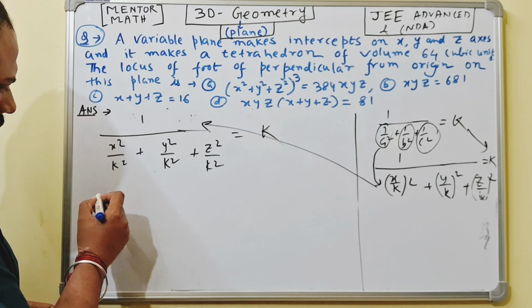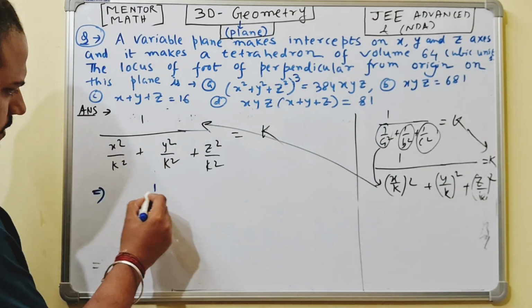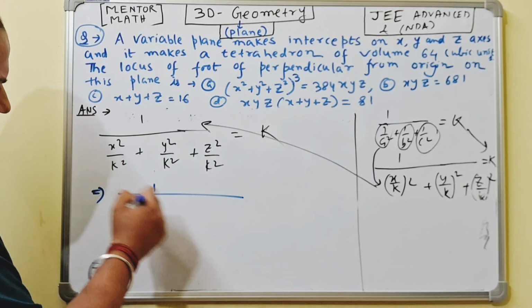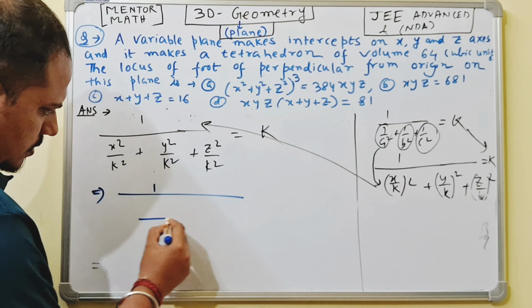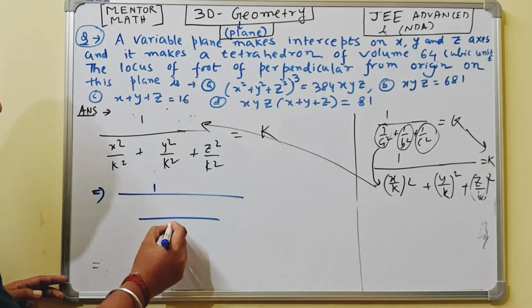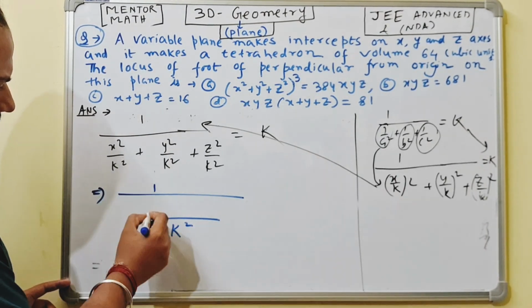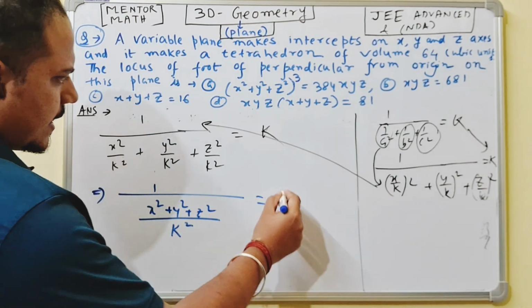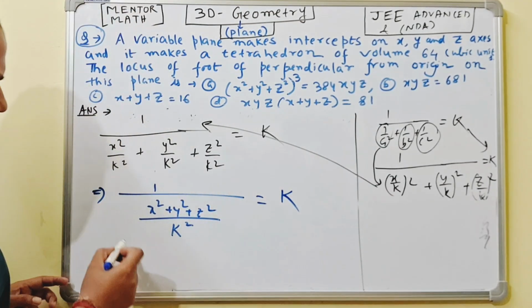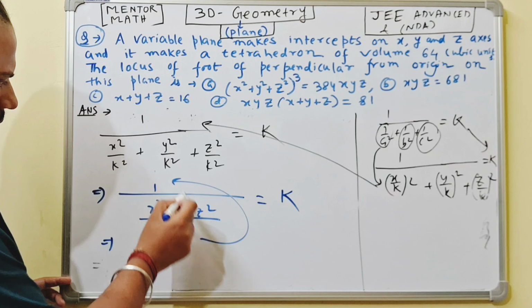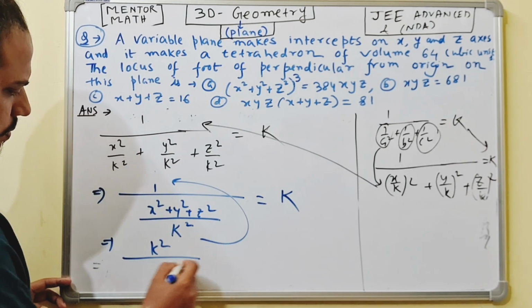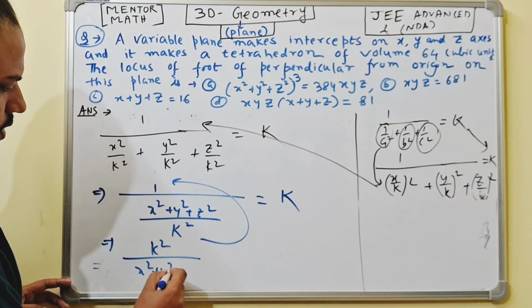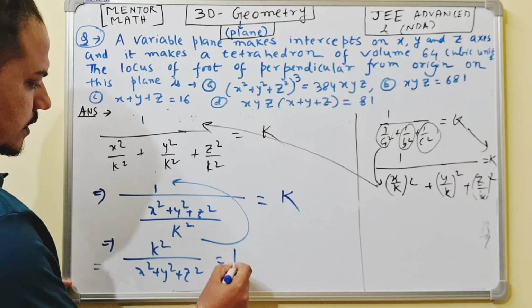So you can take the LCM of the denominator, that is k square, and that is x square plus y square plus z square, and the right hand side is equal to k. Now the simplification: k square by x square plus y square plus z square is equal to k.